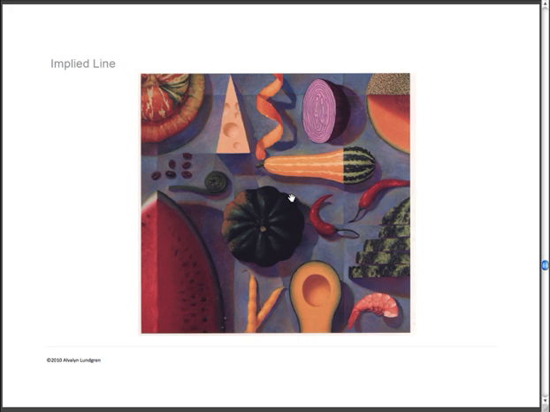The use of implied line will help flatten because it will help draw attention to the two-dimensionality of the work, of the design. So we look at this illustration, we have three-dimensional fruits and vegetables. And so they occupy space in the volumetric sense. But if you notice how in the totality of this design space, this almost square space, first of all, they are scattered, so the entire space is treated equally.